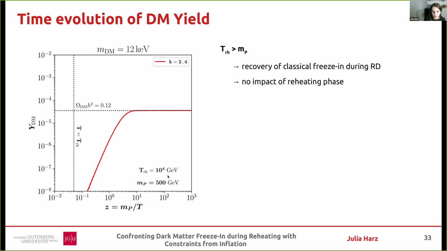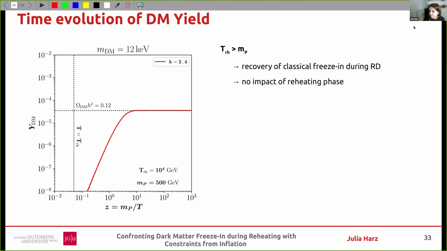A large reheating temperature, parent particle around 500 GeV, and a certain dark matter mass, roughly the value which is bound by Lyman alpha constraints. And you see here, the parent particle mass is smaller than the reheating temperature. So I recover the usual classical freeze-in during radiation domination, and of course, we have no impact. This is why k equals 2 or 4 doesn't matter, because we are not sensitive to it.